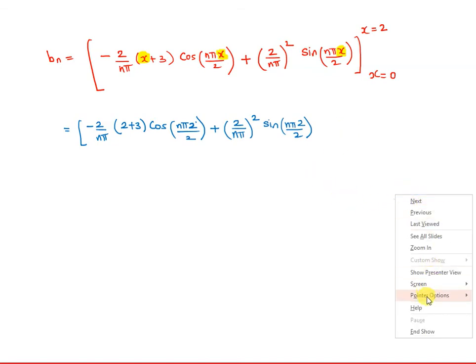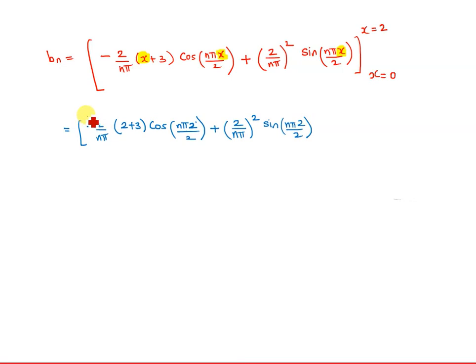Okay, so these are the two terms when we replace x by 2.